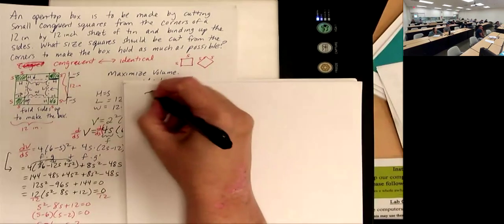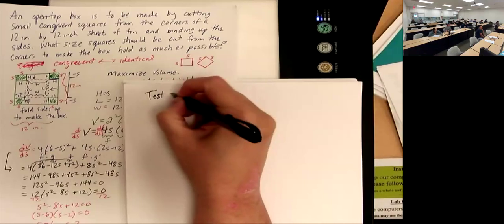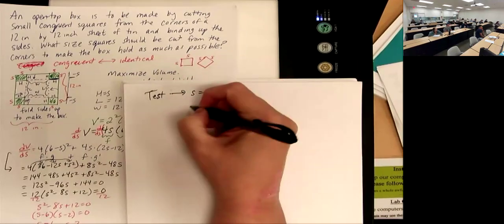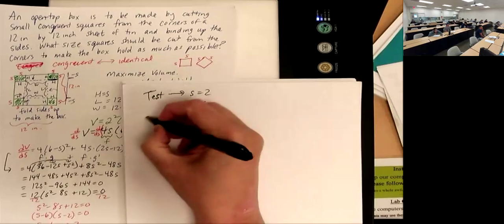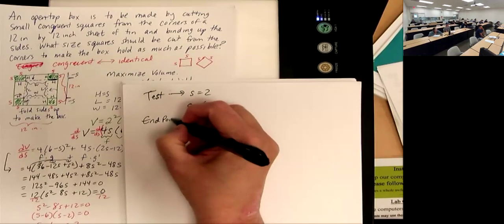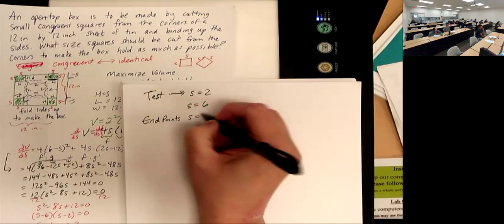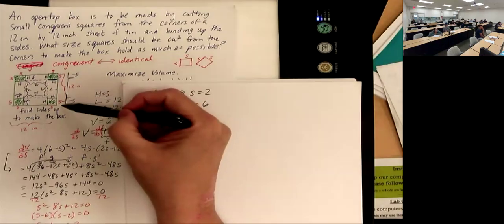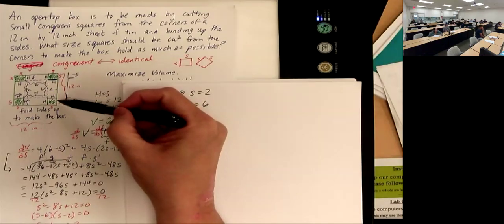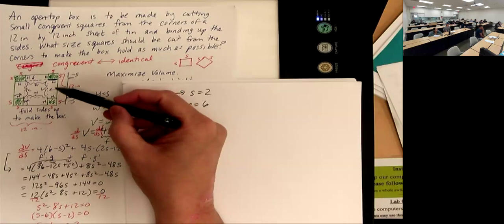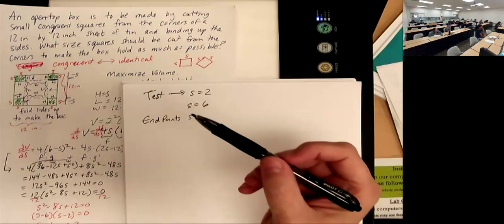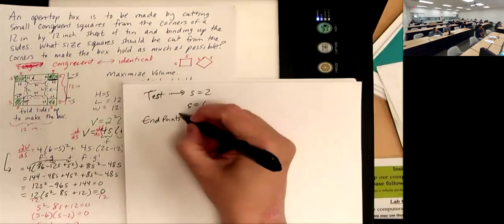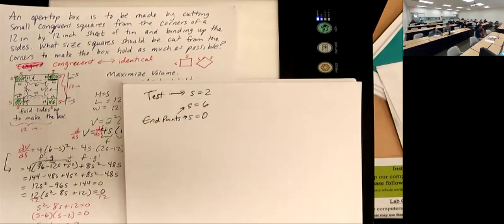So we're testing s equals 2 and s equals 6, and we need to check the endpoints as well. Can s be 12? If I do 12, that's the full length, but then I would have nothing to cut out of the other side. It looks like the max s could be is half the length, which would be 6, which is actually already one of our candidates.